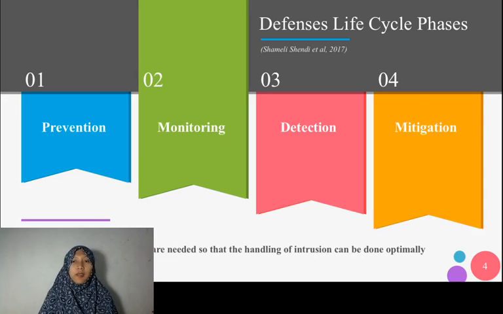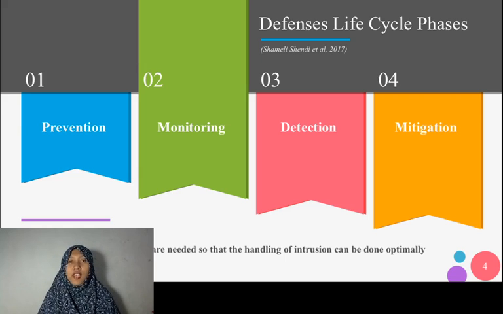Sambi Shandy said in their paper that the defense life cycle includes 4 phases: prevention, to prevent the threat; second is monitoring, to monitor and observe the threat; third is detection, to detect the threat through the network; and the last is mitigation, to reduce the threat.